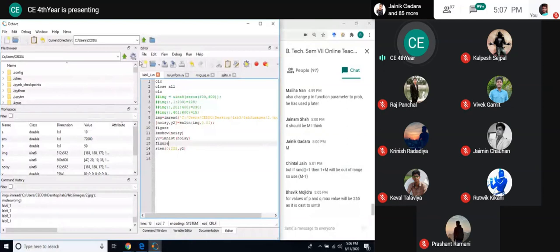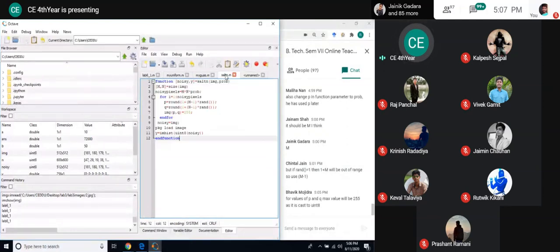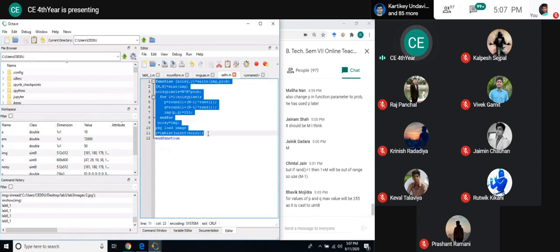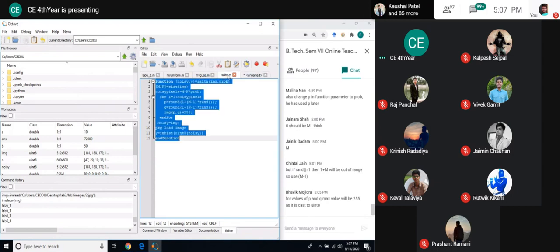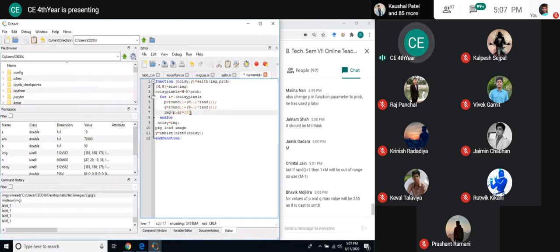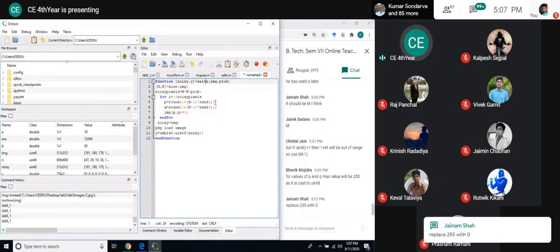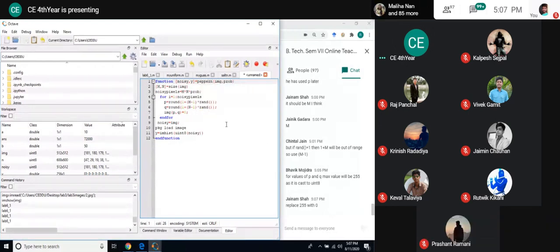Now if I want to change it to pepper noise, what will be the change here? Here it will be just zero, and this is going to be my pepper noise. The 255 is replaced with 0.